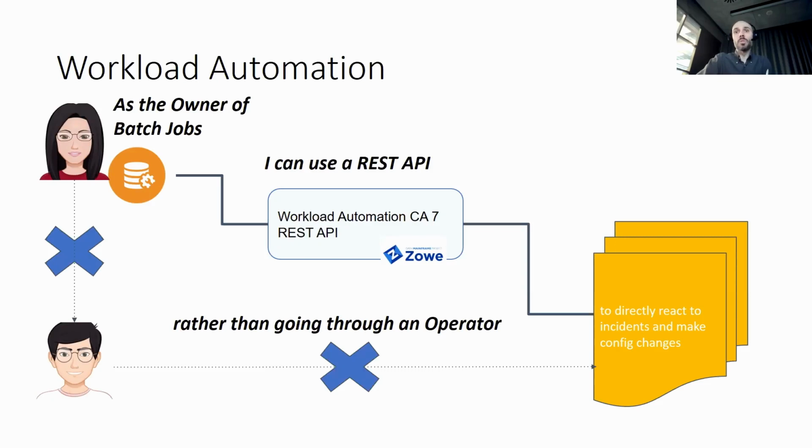Typically you could use this for the batch job owner to automatically resolve and restart hanging jobs, for example. And some organizations take this further and build dashboards around this, fed by these APIs, so that they can actually monitor job status, in particular those critical jobs that run their business. So there's a lot that can be done with these APIs to optimize and automate batch jobs.